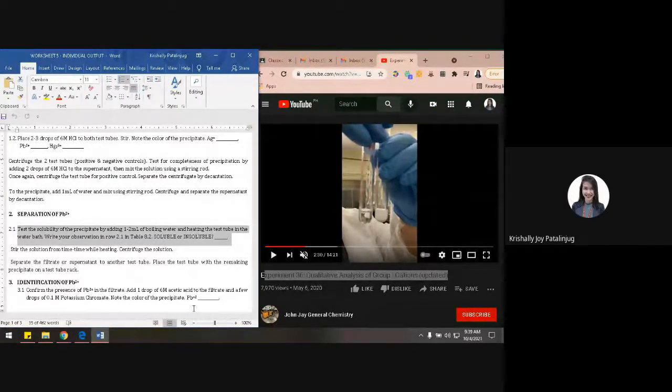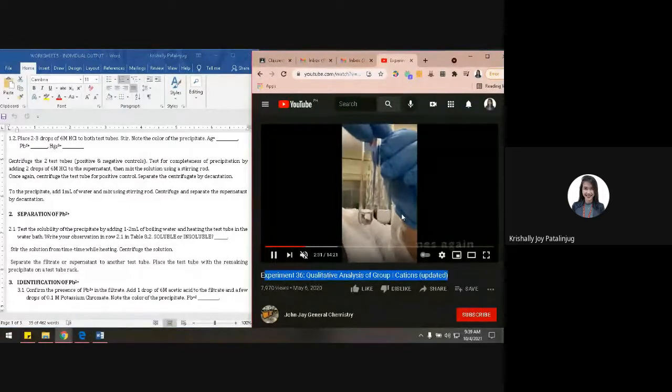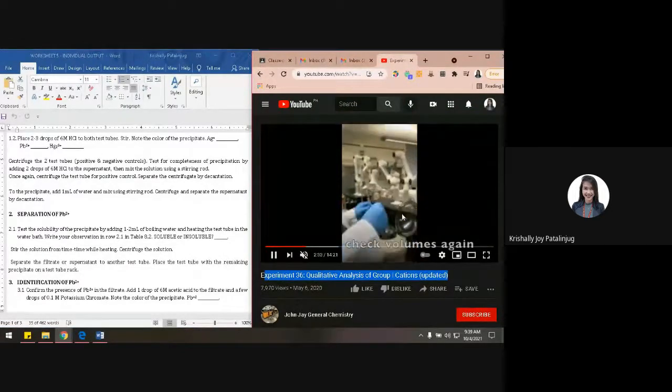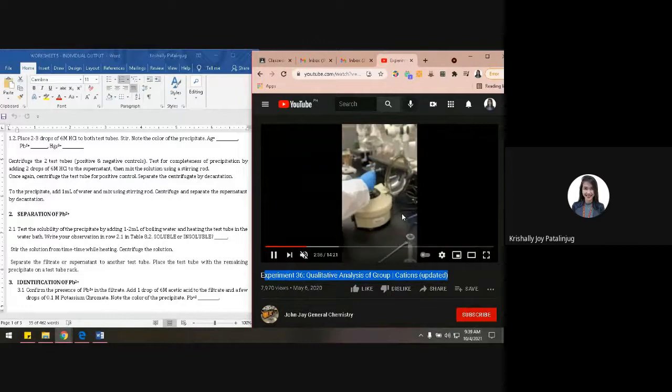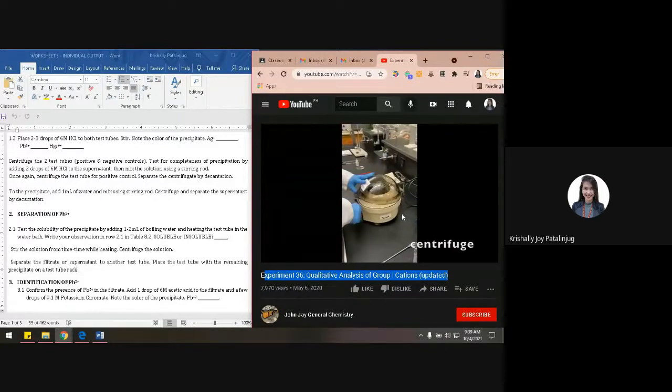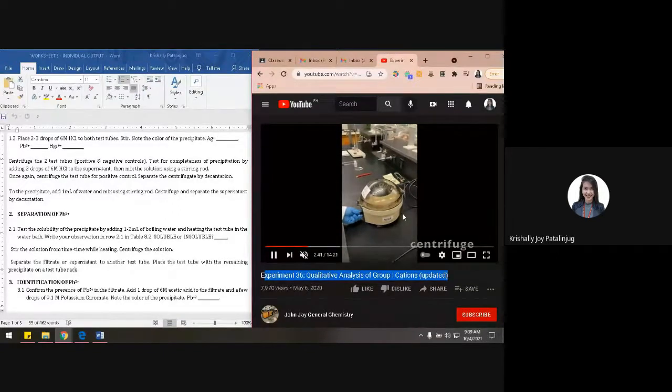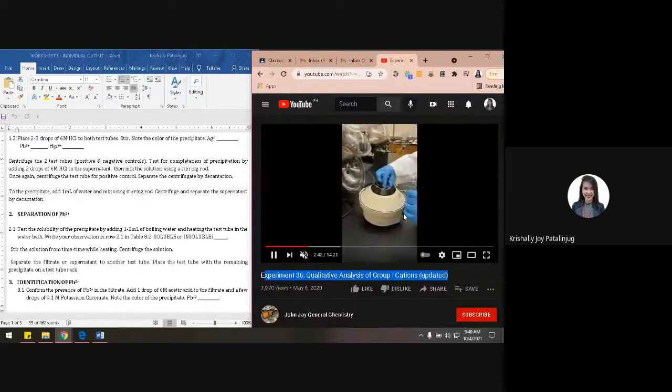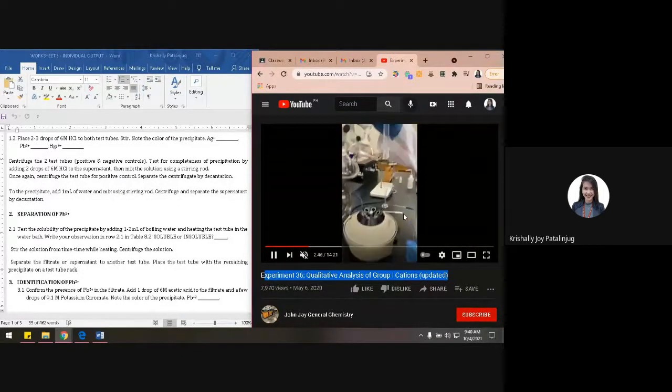All right. Sige. Okay, so testing of solubility this time of the precipitate. Ito, centrifuge lang muna. Okay, proceed ta ha. Sa testing of solubility na tayo.